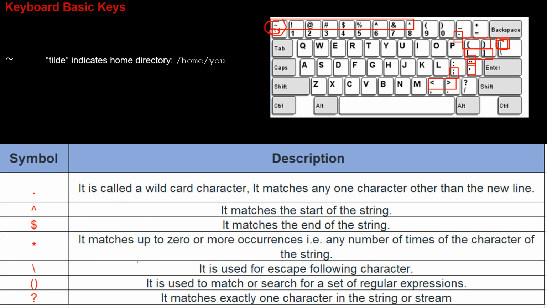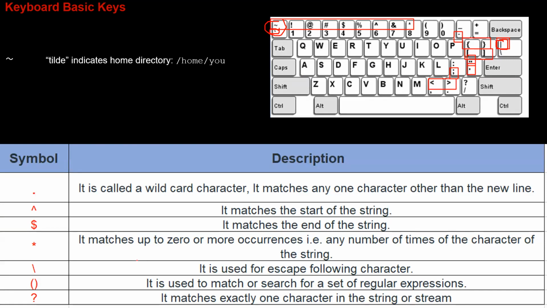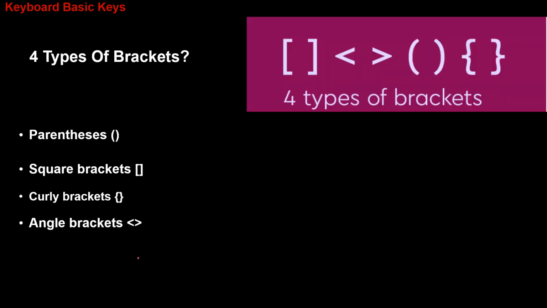Then there are these parentheses, four types of bracket: the parenthesis, the square bracket, curly brackets, and angle brackets. These are all very important keyboard symbols that we use when we type commands, especially when we develop our shell scripts. Okay, so these are all useful.